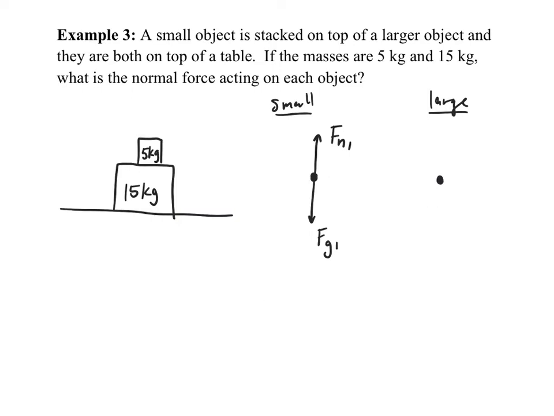Now, the table might stop it, it breaks through and falls to the bottom, and then the table stops it, right? But the lower box is what's physically supporting the upper box here. That's what Fn1 is. Fn1 is the reaction from the larger box pushing up on the smaller one.